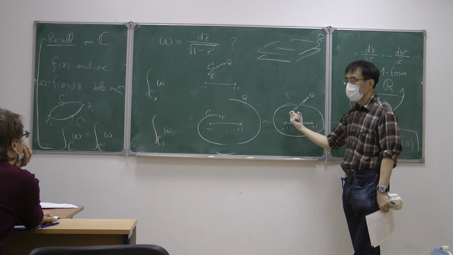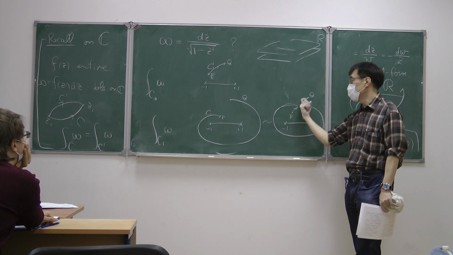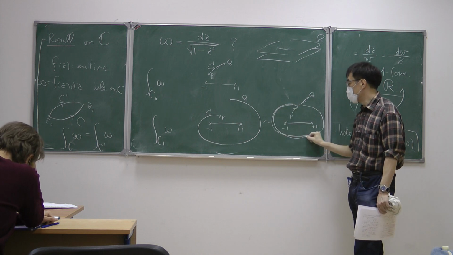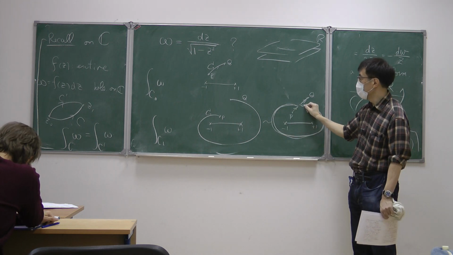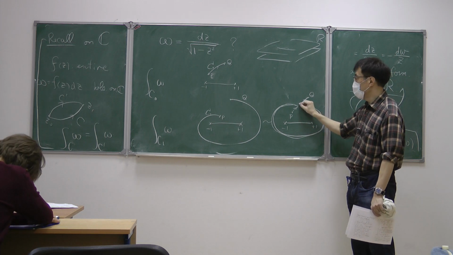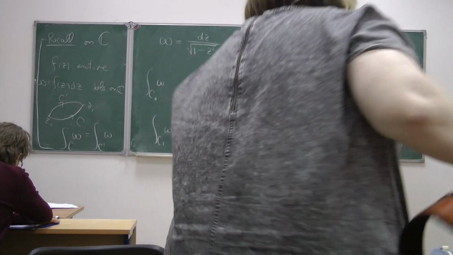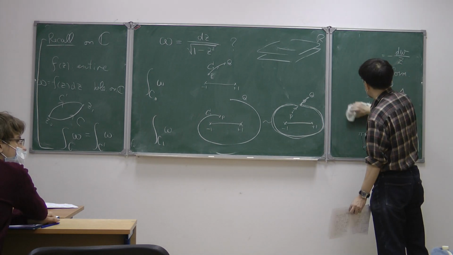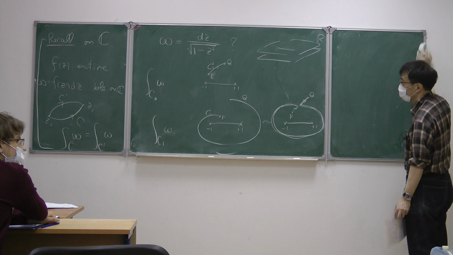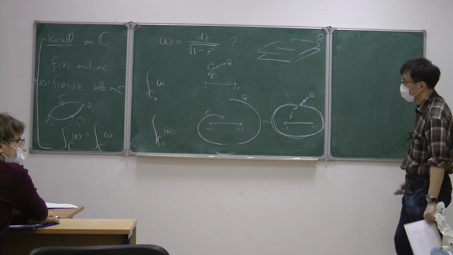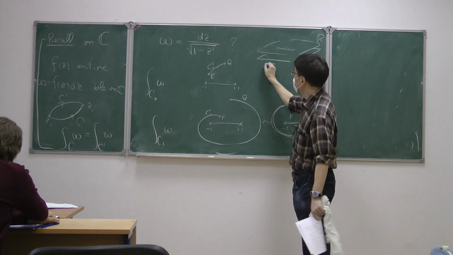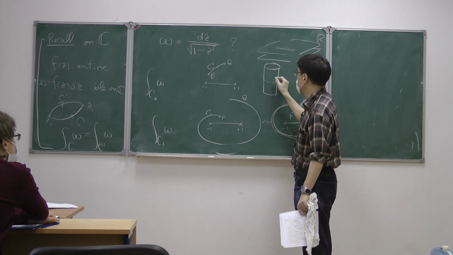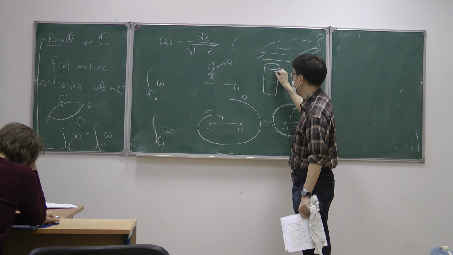First, go straight forward to Q, then go around this segment, and go to Q. On this cylinder expression, this is something like this.